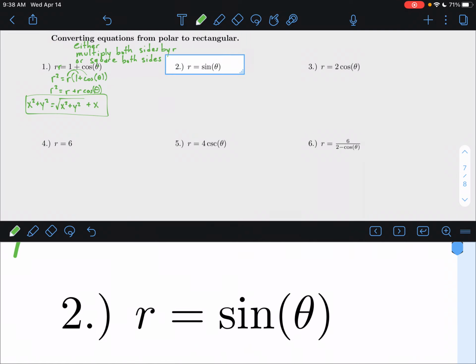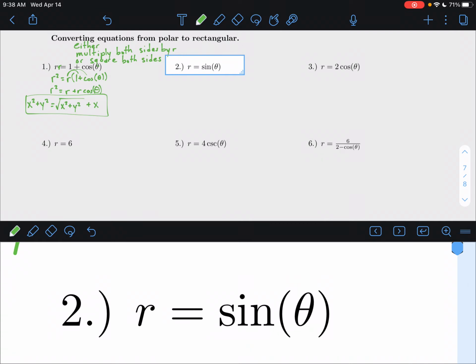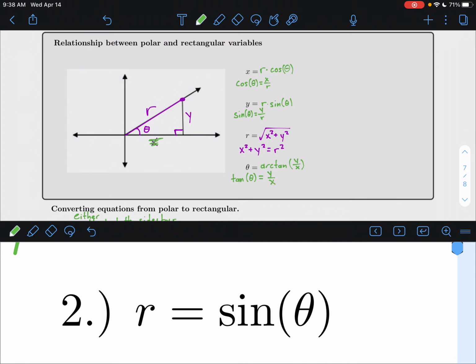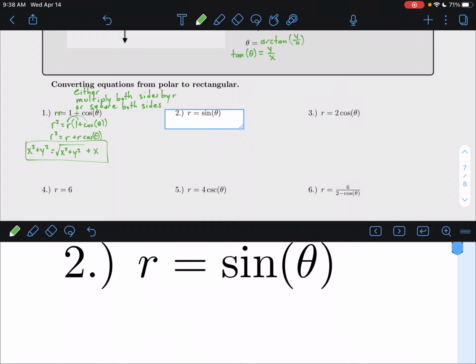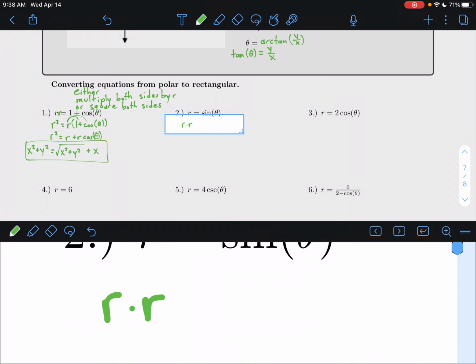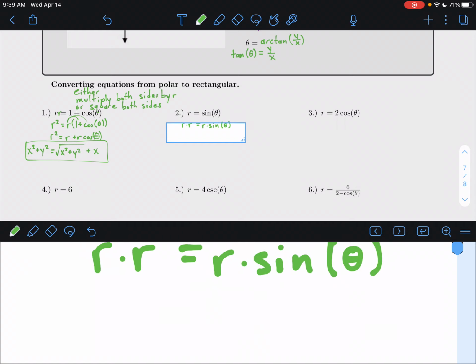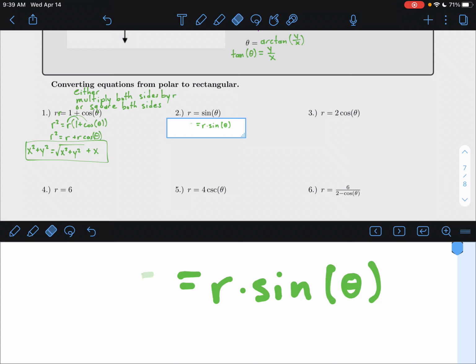Let's look at number 2. Here I could multiply both sides by r, or I could square both sides. There's nothing for sine squared of theta in these options up here, but there is something for r times sine of theta, so I would rather multiply both sides by r again. So I'd have r times r equals r times the sine of theta. R times r is r squared.